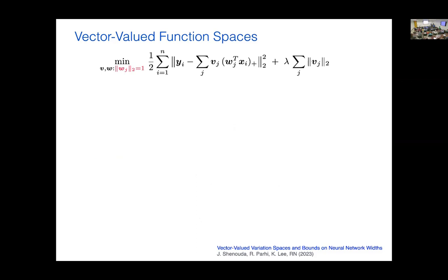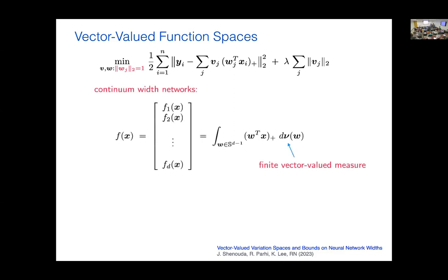Let me explain that. I'm going to follow exactly what I did in the univariate case, or the single output case, I should say. There's our optimization, and we can run with the same idea. That defines a norm on the space of all functions that could be represented by neural networks of this form, possibly with an arbitrarily large number of terms in this series.